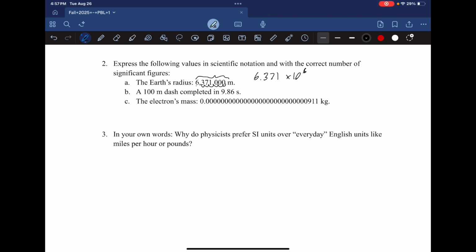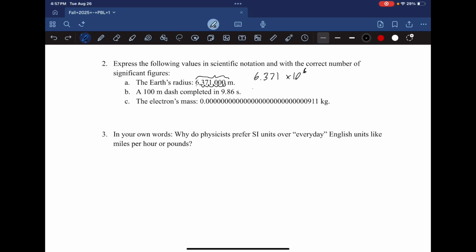So now for B, we have a 100-meter dash completed in 9.86 seconds. So this is actually already in the proper form, this 9.86. This is what we're interested in. Well, let's do the 100-meter and the 9.86.